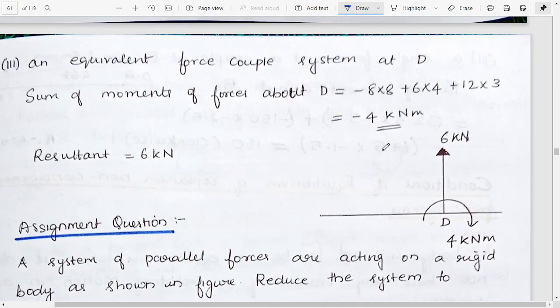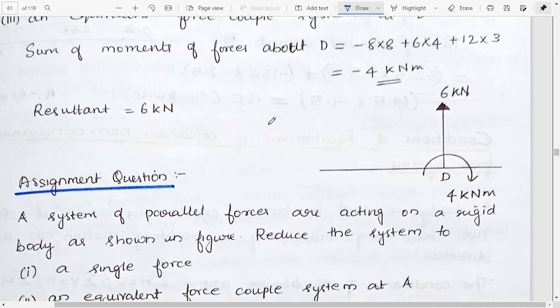So the sum of moments about D will be minus 4 kilonewton meter, and from that we can write the resultant is 6 kilonewton and the couple like this.